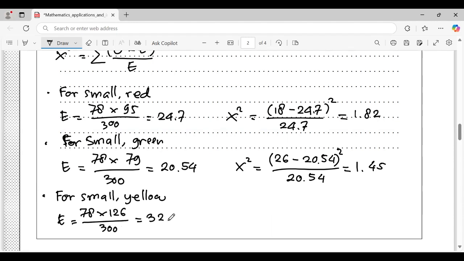The result is 32.76. And the chi-square calculation, 34 minus 32.76 squared over 32.76. The result is 0.05.